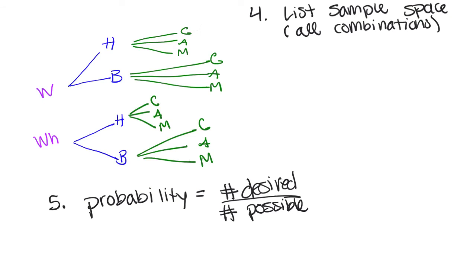So I'm going to list the sample space, which is just a list of the combinations. So starting here, I have white bread, then ham, then cheddar. Then I could have white bread, ham, and American cheese.